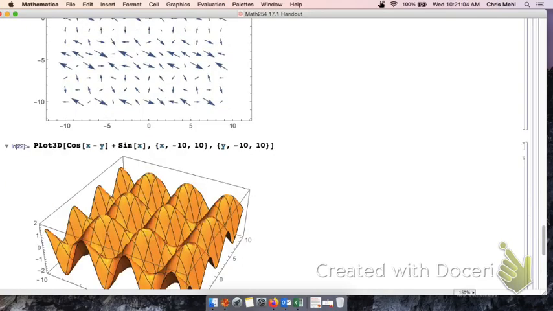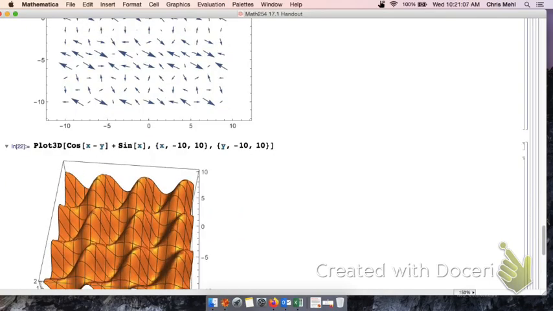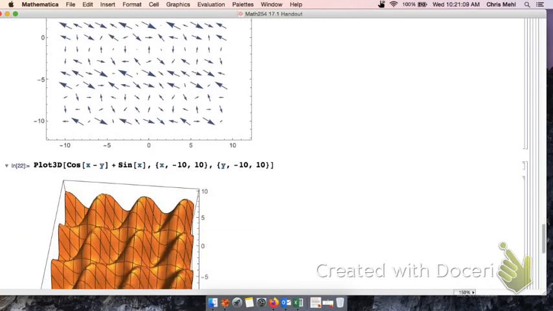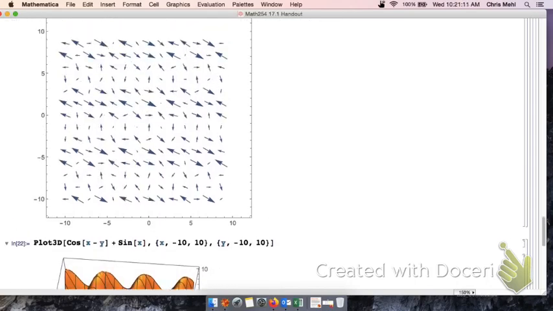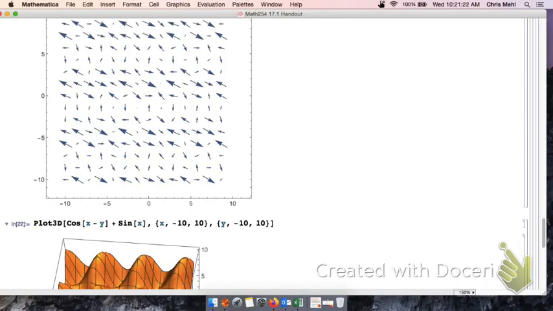There's an image of the surface, a view on the top. And if you think about this in terms of surfaces and gradients too, all the vectors in the vector field are giving you the direction of steepest ascent at any of the points along this surface.